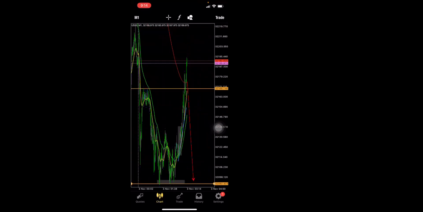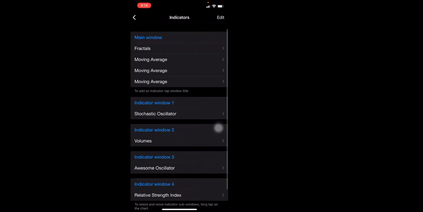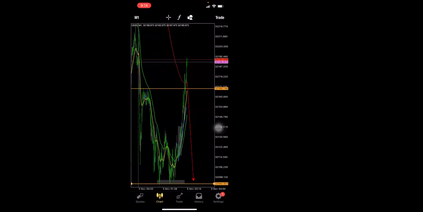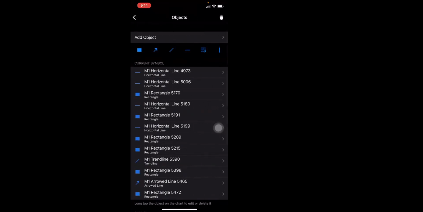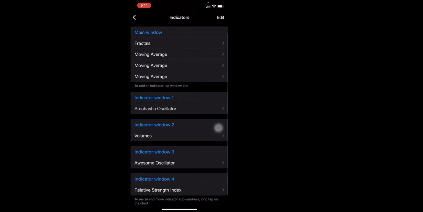I'm on a 1 minute strategy. The main window is this whole window where the price is. The indicator windows normally pop up once you click on certain indicators that require that much space.